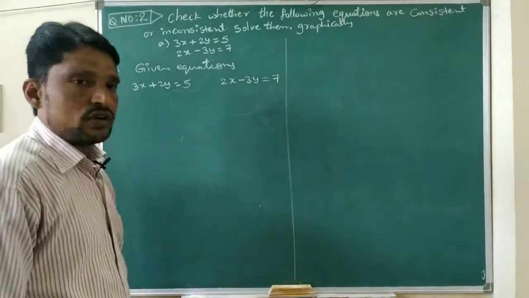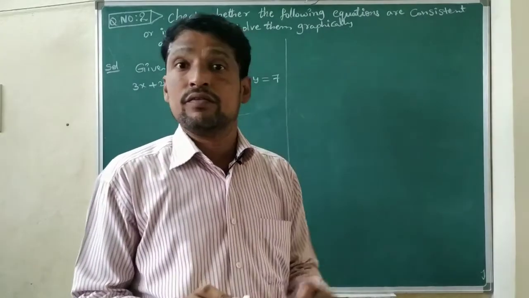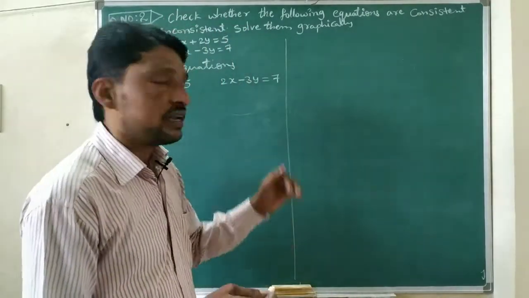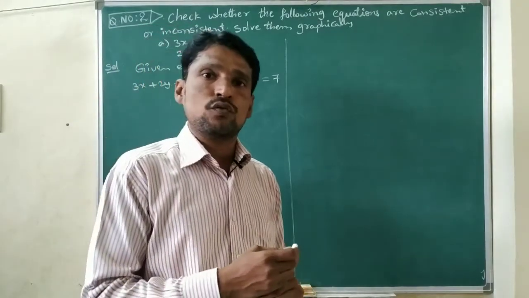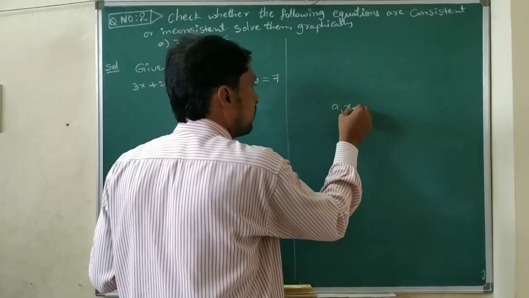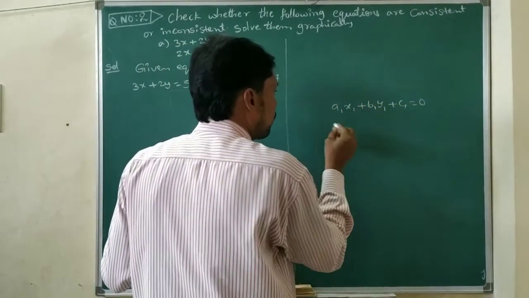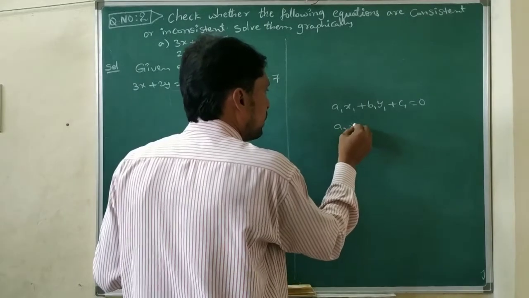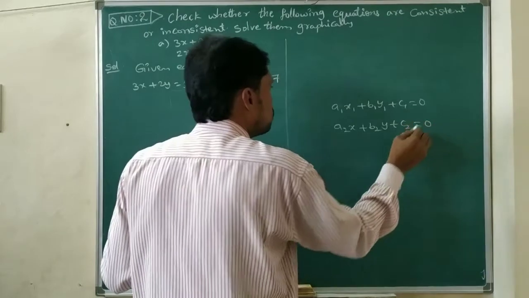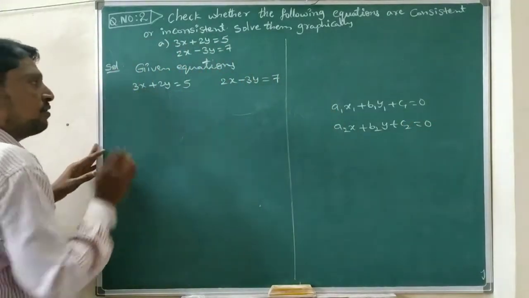So given equations, first we need to write in the form a1x plus b1y plus c1 equal 0, and the second equation we need to write as a2x plus b2y plus c2 equal 0. So here a1x plus b1y is there.